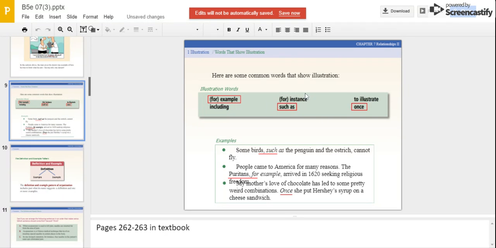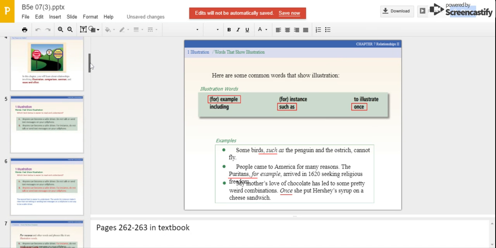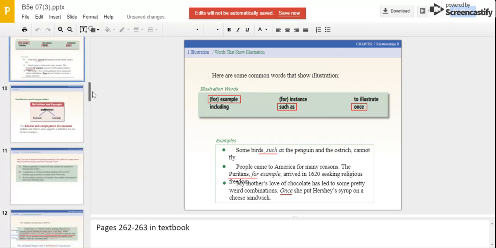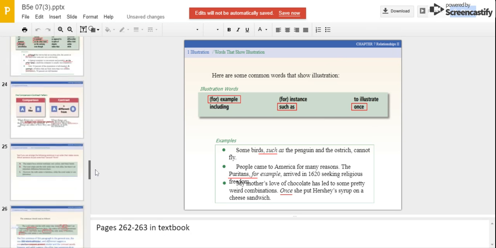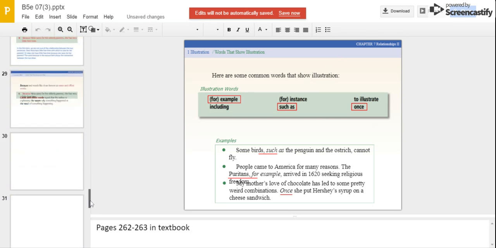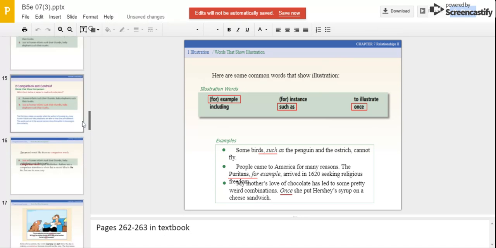These are common words or transitions, as your quiz calls it, that show illustration. Okay, so this is what I would recommend doing is going back to your textbook and to the PowerPoint and looking at these words. That's basically what they were looking for in those types of quiz questions.